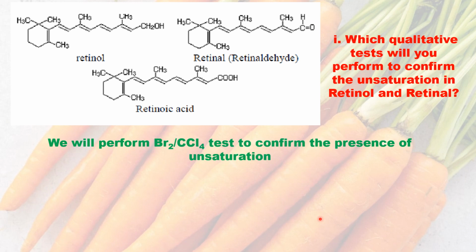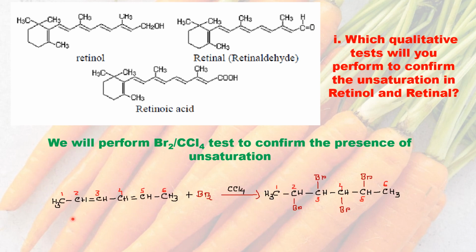So we'll perform the bromine carbon tetrachloride test or bromine water test to confirm the presence of unsaturation, meaning the presence of a double bond. Let me take a simple example. This is also a compound which contains conjugation: single bond, double bond, single bond, double bond, single bond.